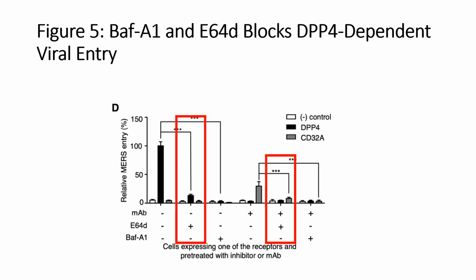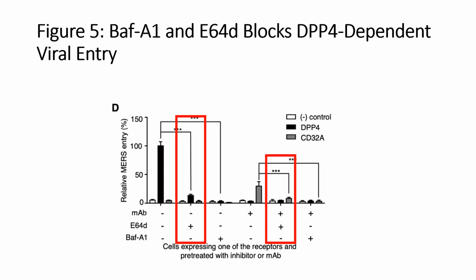Okay, in 5D, we're looking at lysosomal protease inhibitors. So we're looking at lysosomal acidification inhibitor, which is BAFA1, and then cysteine protease inhibitor, E64D. And these were tested for their role in the MERS antibody 1 dependent viral entry. And to kind of clear up this figure, I put what we're looking at in the red boxes.